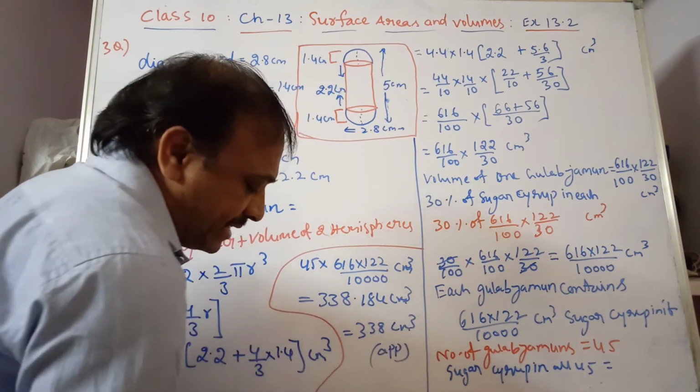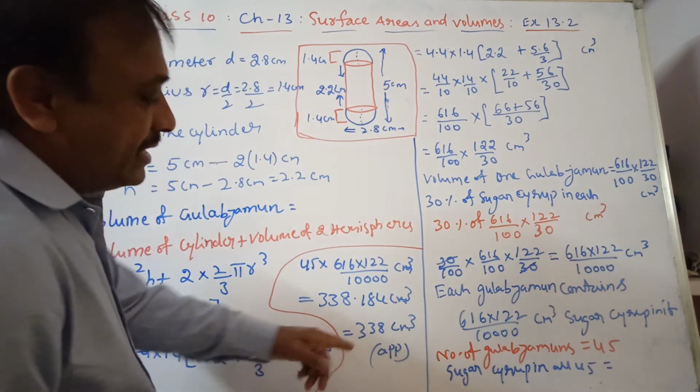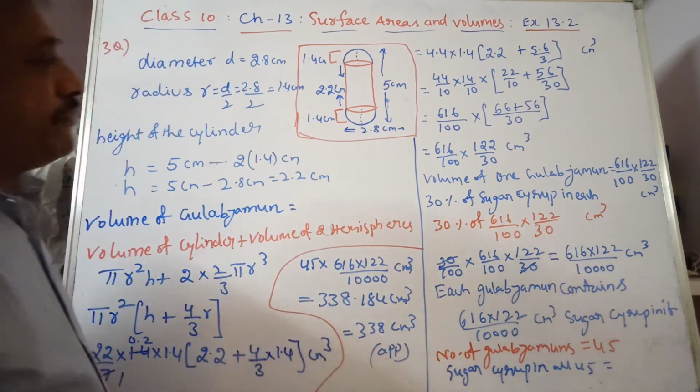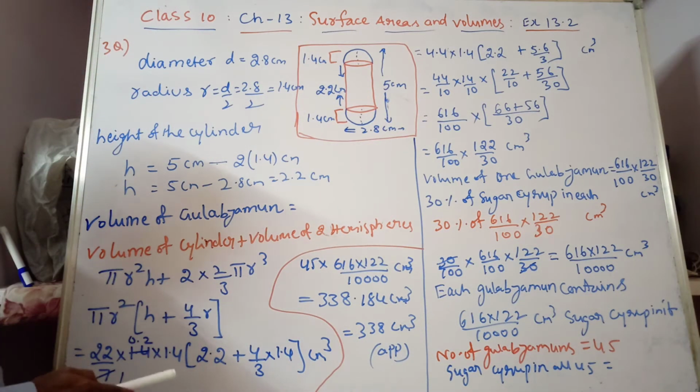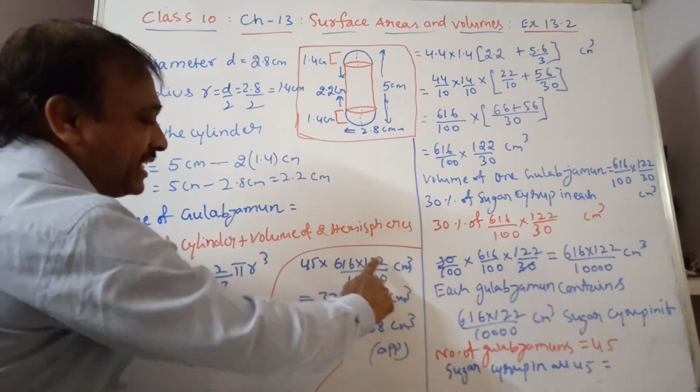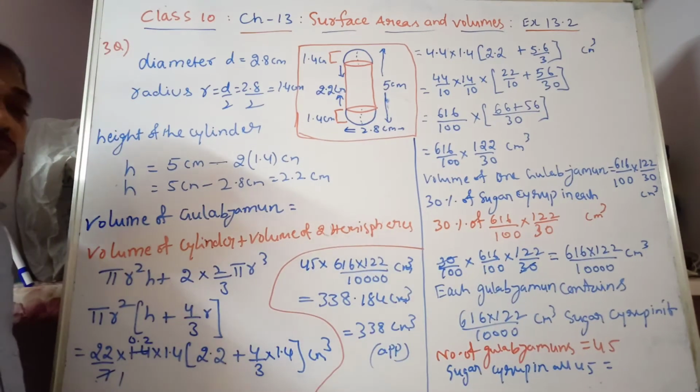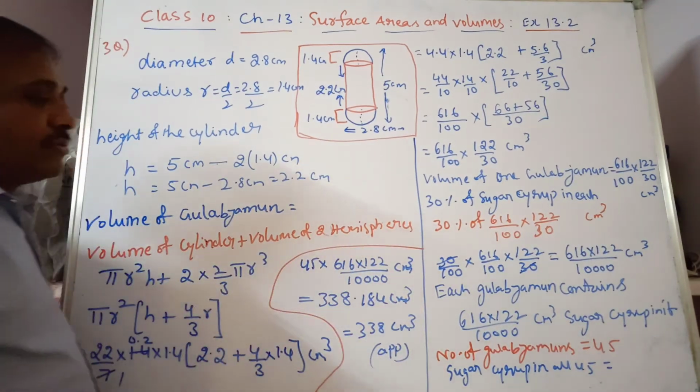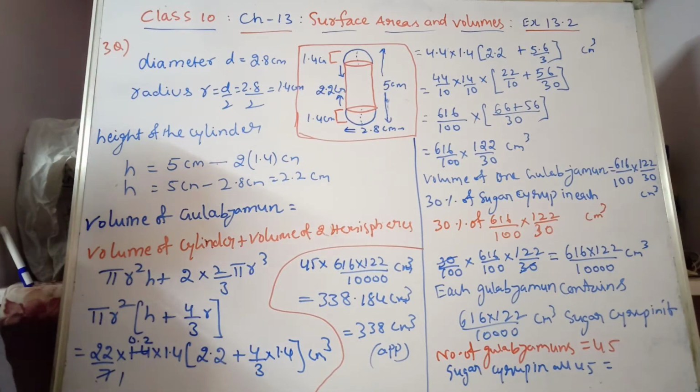This is the sugar syrup in all 45 gulab jamuns. What we have to do is multiply these all and convert into decimal form, as 10,000 is the denominator. Do you understand? Is it clear?